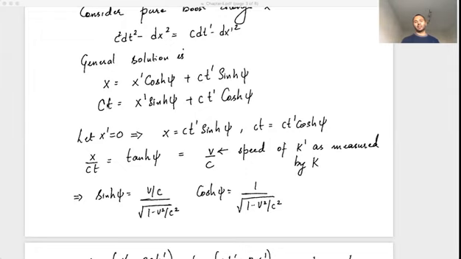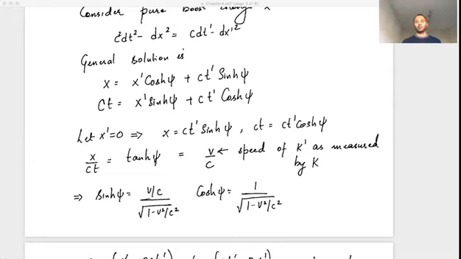And then from the second equation, you just get ct equal to ct prime cosh psi. So I've just gotten rid of this term by saying x prime equal to 0. And what does it tell you? So x divided by ct must be tanh of psi, right? I'm just dividing these two. So this just gives you an equation for tanh of psi.